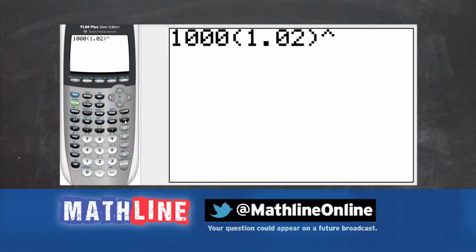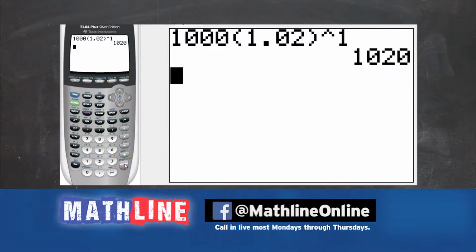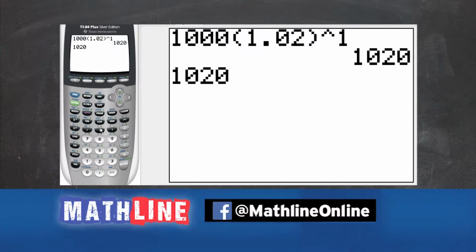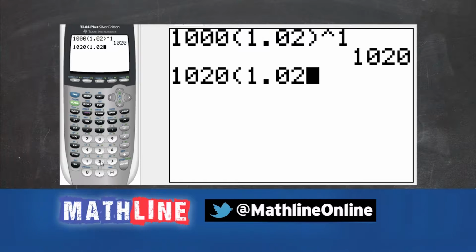Let's see what happens in 1 year. Let's just do 1 year first, all right? If I do it for 1 year, that's simply going to give us 1,020. Now, if I were to take that 1,020, and then I were to take my increase again, this time it's going to be still 1 and 2% added onto it, so 1.02.